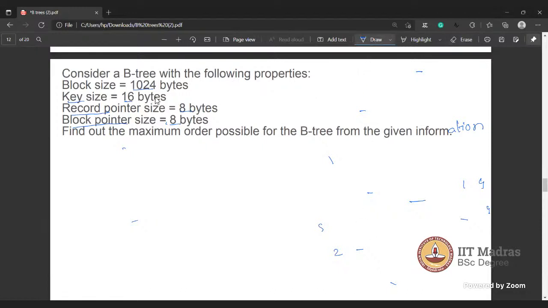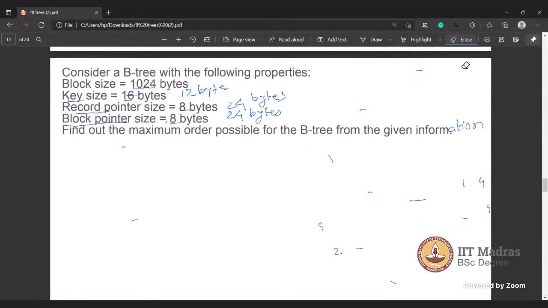Suppose key size is 12 bytes, this is 24 bytes, and this is also 24 bytes. Please find out the maximum order possible for a B tree from the given information. I will wait 2-3 minutes so that everyone can solve. After that I will solve once.